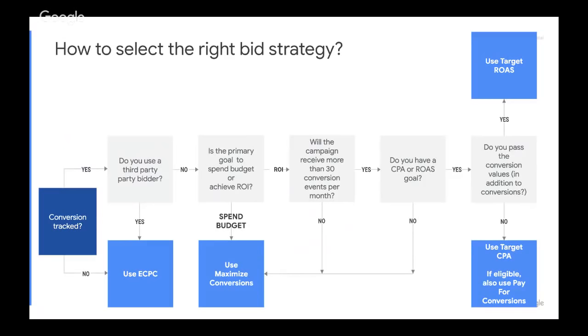But if you're not doing that, then you can actually better go to Target CPA, where we're actually optimizing for that conversion for a particular price. And then something that is worthwhile testing out, if you have more than 30 conversions and you have a clear idea of what that cost per action has to be, you can actually use pay-per-conversion, which actually means that you're not paying for the clicks, you're not paying for the impressions, but you're only paying when those conversions actually happen on your website.